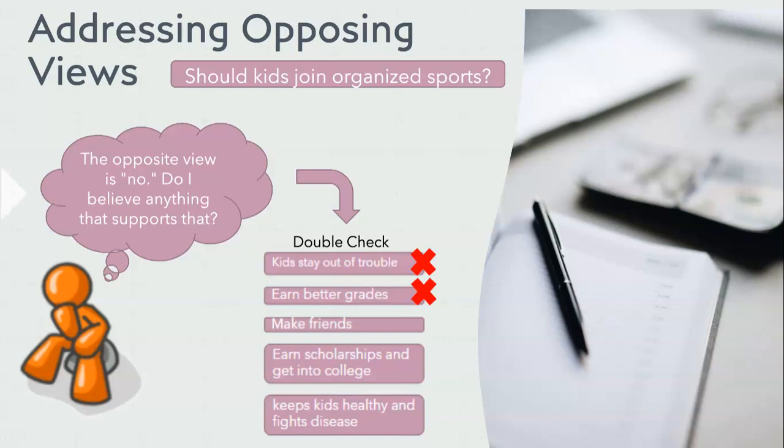Earning better grades does not support the opposite view. Making friends is a good reason to join organized sports, so that does not support the opposite view as well. Earning scholarships and getting into college, that's a reason that kids should join organized sports, so that is also a no. It does not support the opposite view.